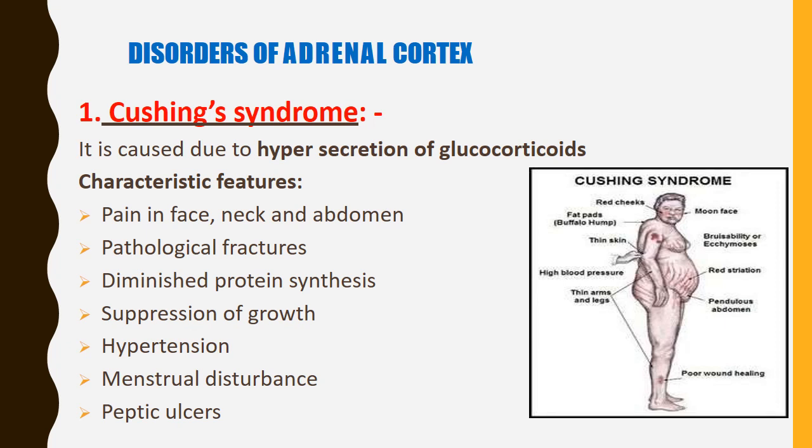You can see in the figure the signs and symptoms, or clinical features, of Cushing syndrome: fat deposition in face, neck and abdomen, pathological fractures, diminished protein synthesis, suppression of growth, hypertension, menstrual disturbance in females, and peptic ulcers. So these are the symptoms of Cushing syndrome.